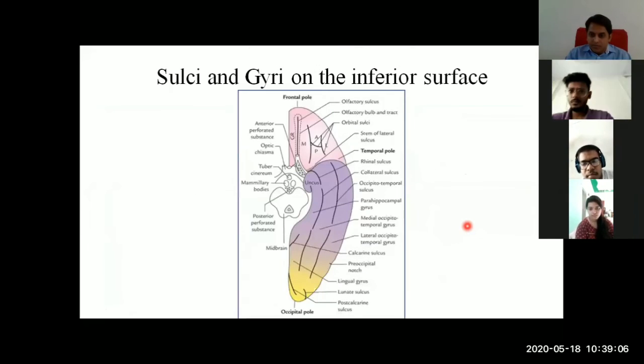Now, let us move on to the sulci and the gyri on the inferior surface. Along the inferior surface, we have these two surfaces, the orbital surface and the tentorial surface.